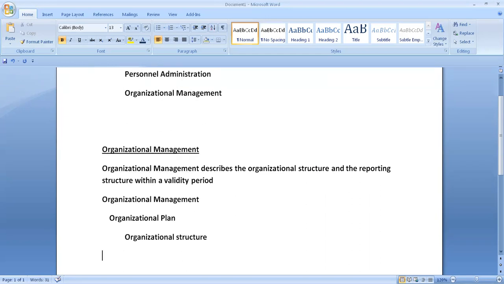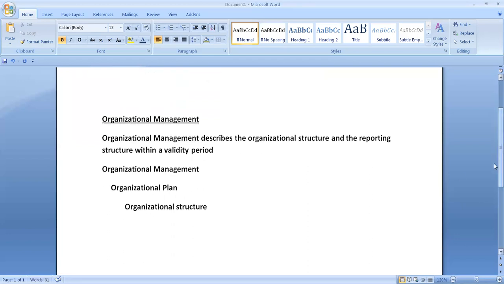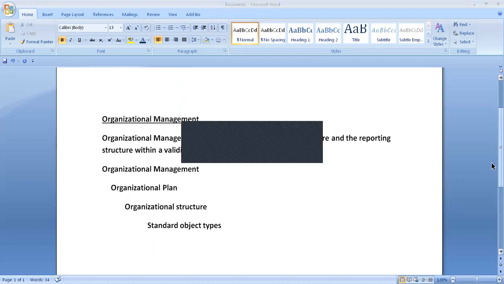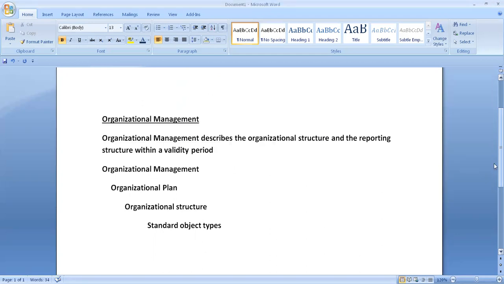So to work with organizational structure, standard object types are provided, and relationships are also provided.